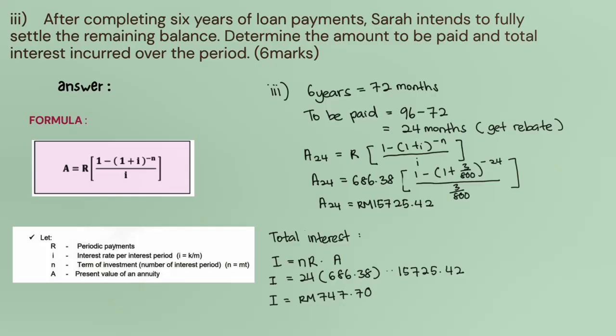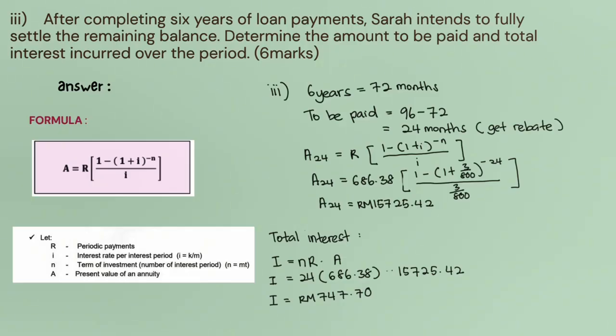So, 6 years equals 72 months. So, 96 minus 72 equals 24 months. Sarah will get a rebate because she paid the loan early. Then, we use the formula A equals R times 1 minus (1 plus I)^minus N over I.